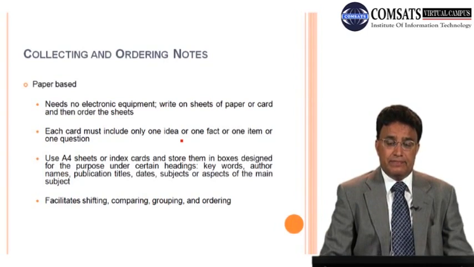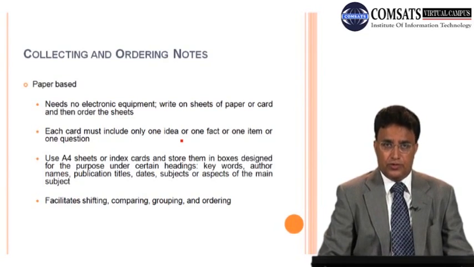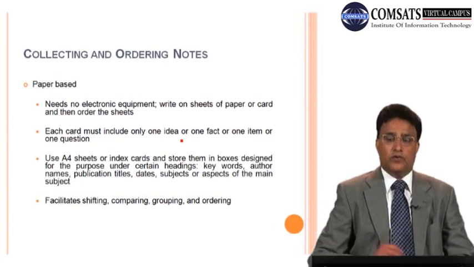These notes could facilitate, if you have taken them in this format, that you can shift and compare and group and order and reorder them if you have taken them in a systematic way and kept them in a systematic order.